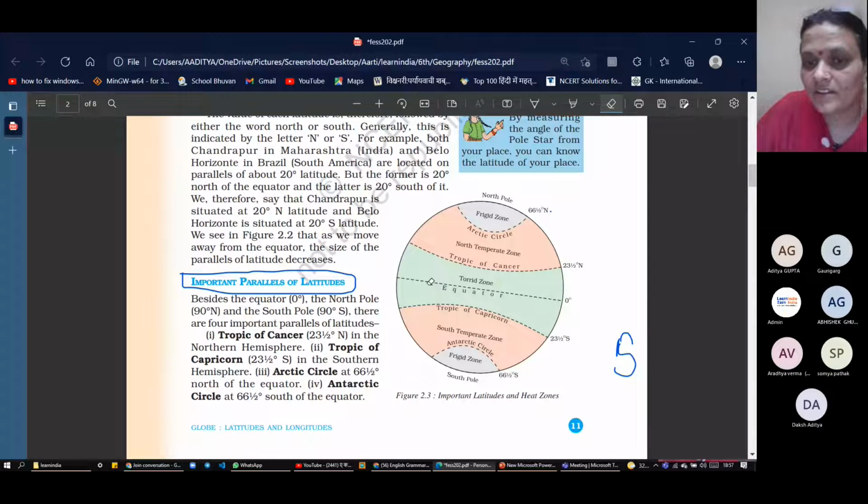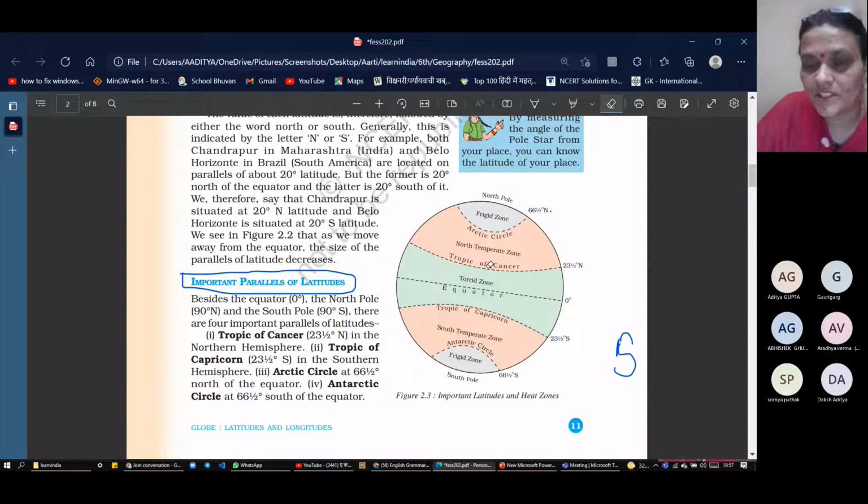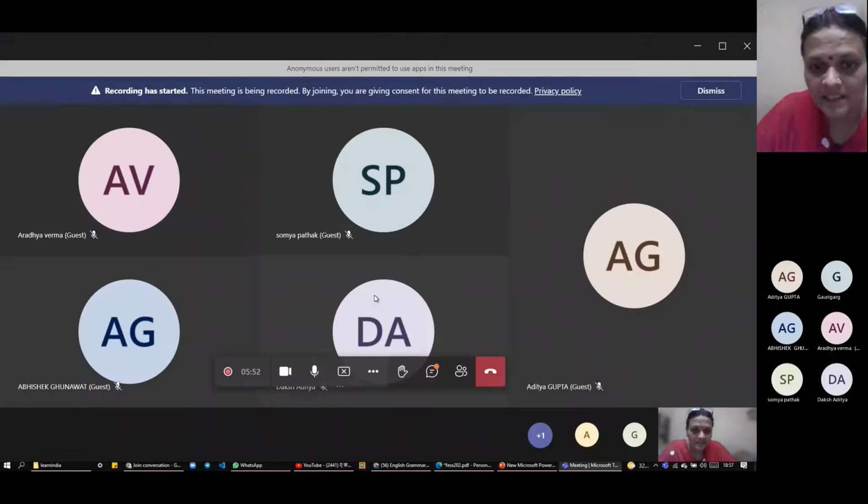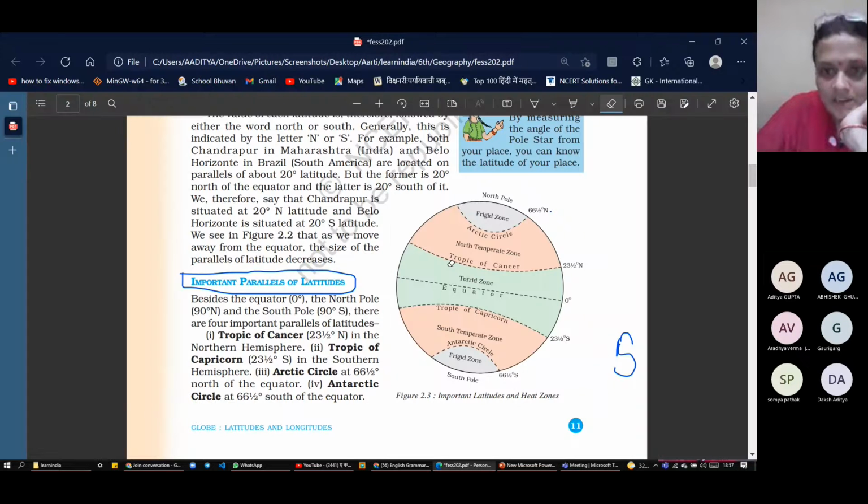North, this is the equator, and north of the equator is all this. So I'm asking about parallels of latitudes. Which all are there? You can tell me. See, this is the equator, and this is the northern and this is the southern hemisphere.